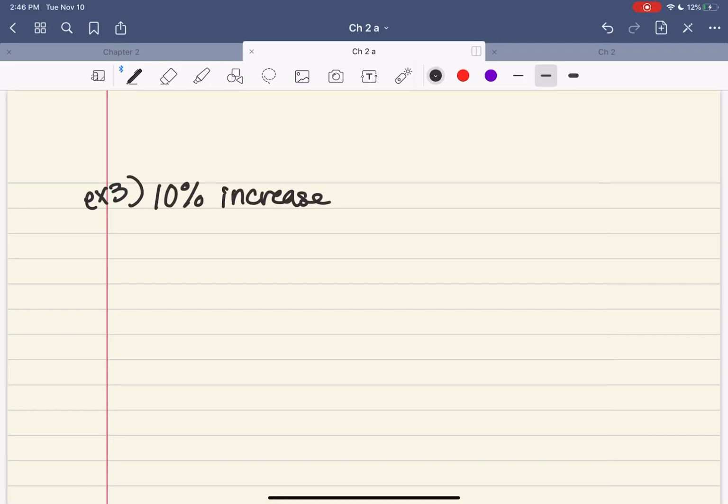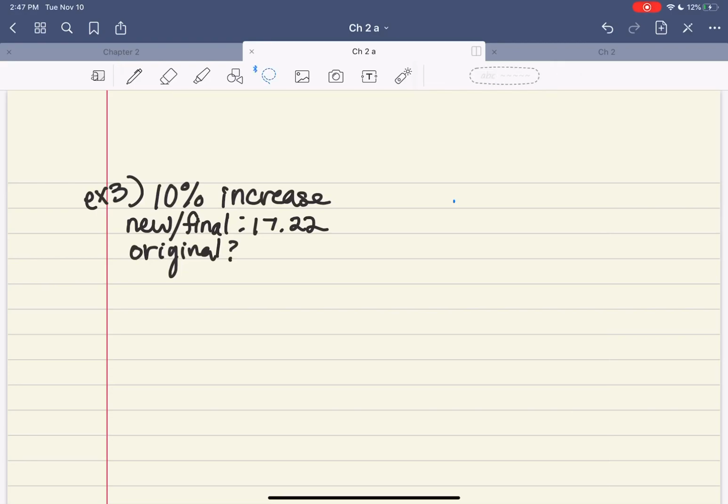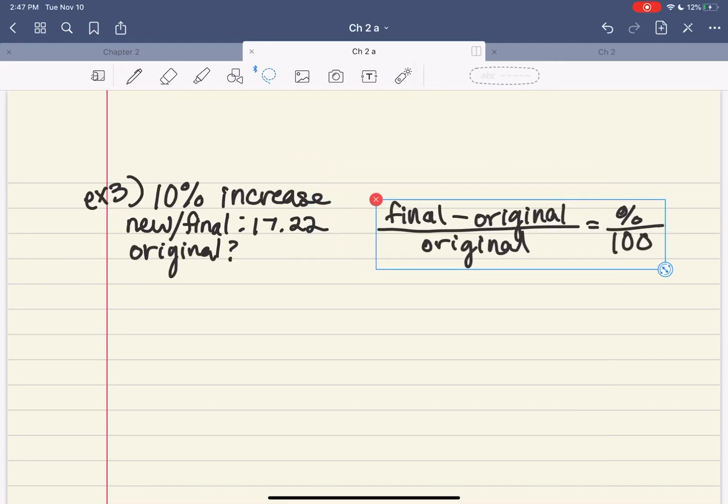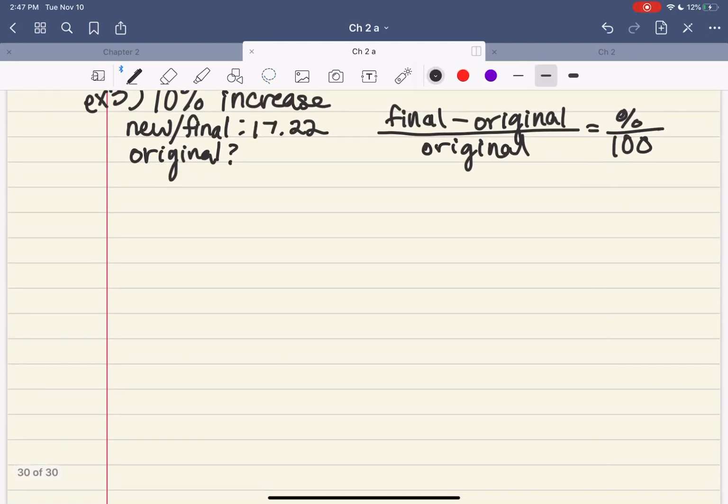If we have, for our new amount, new, or we can say final, we have 17.22. What was our original? We are going to be able to use that same formula, but we don't know this.